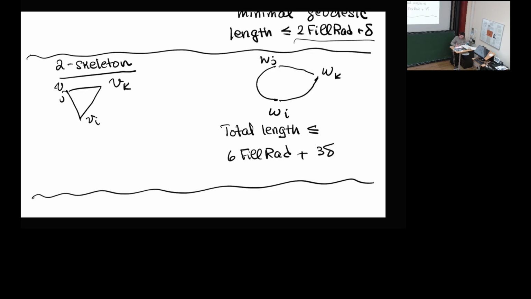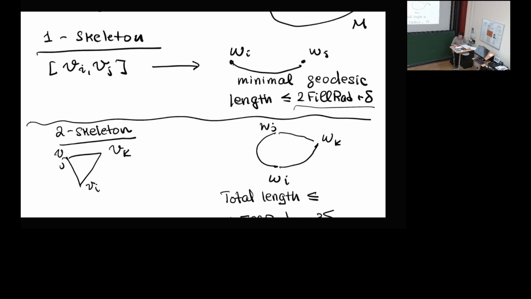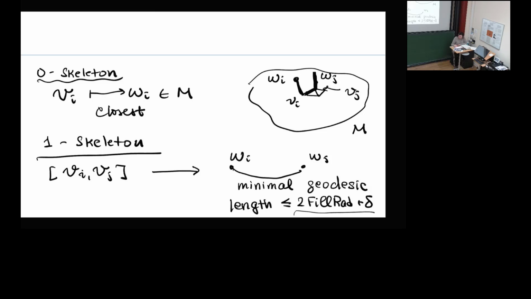Now, in the previous part, if you scroll up a little bit, why will Wi be at distance filling radius away from Vi?